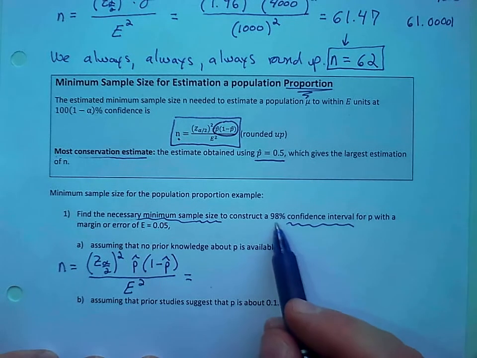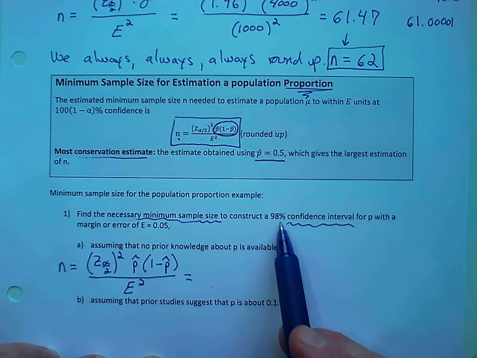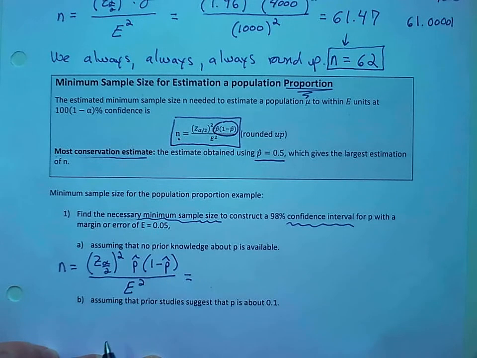First off, we have a 98% confidence interval. That's what we're trying to construct. So therefore, how big is alpha? Alpha is equal to 2%. So therefore, alpha divided by 2 is 1%. So let's try to figure out the Z sub alpha divided by 2 value for 1%.